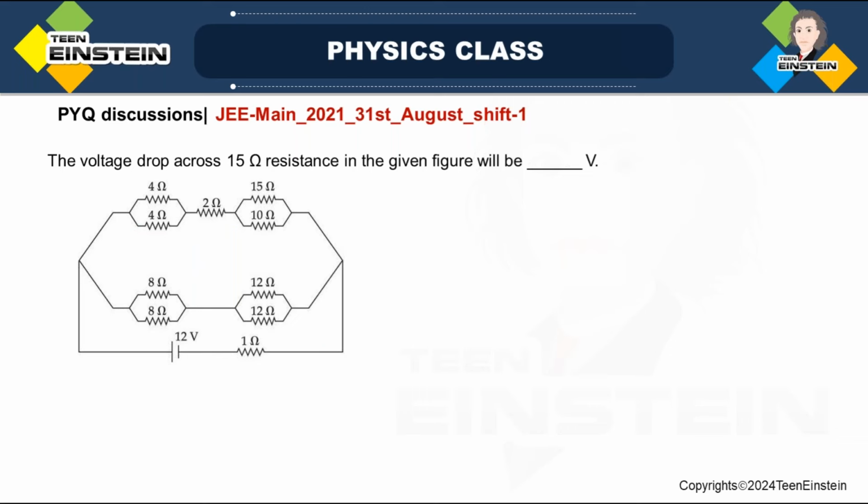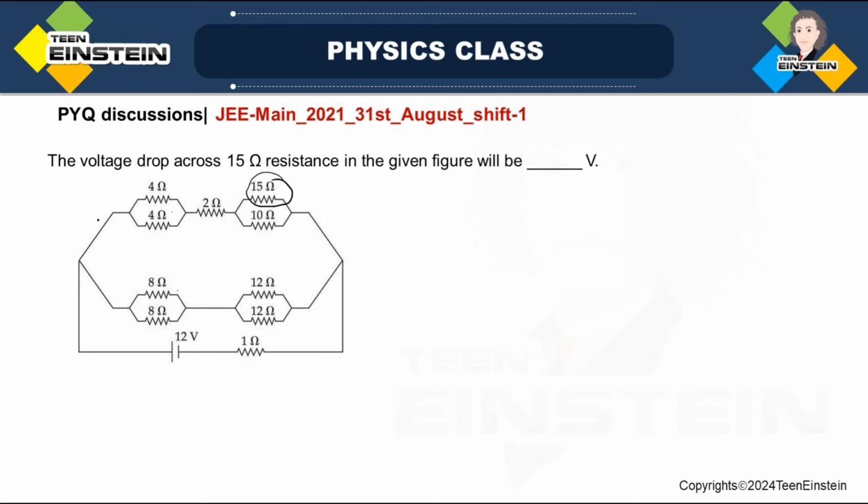This problem is also a very simple problem if you can do it with a cool mind. Let us see this figure. Okay, we have to find out the voltage drop across this 15 ohm resistor in the given figure. So here you look, this 12 volt battery is connected to this parallel branch as well as this 1 ohm resistance.